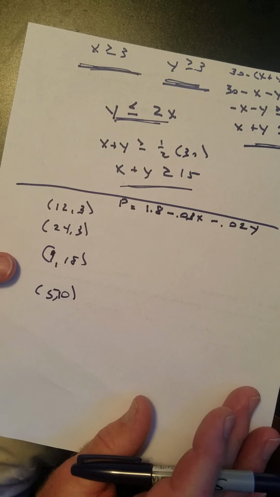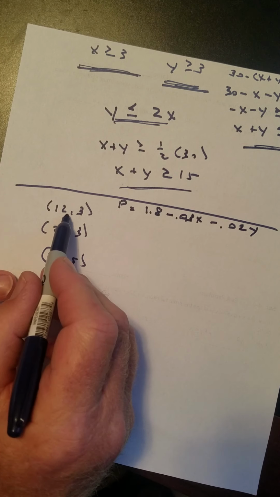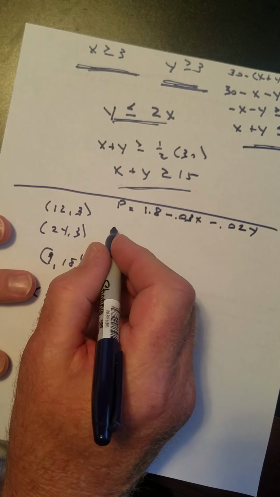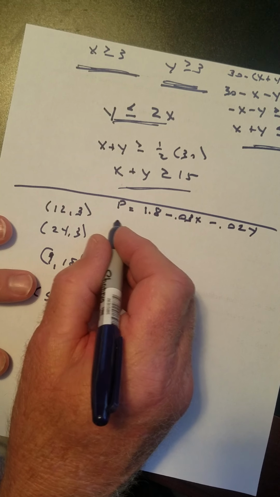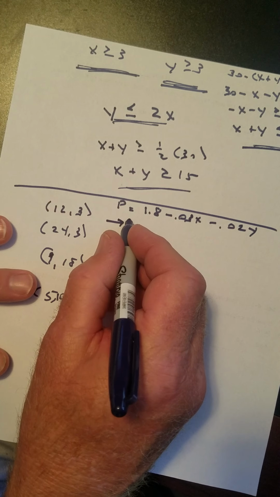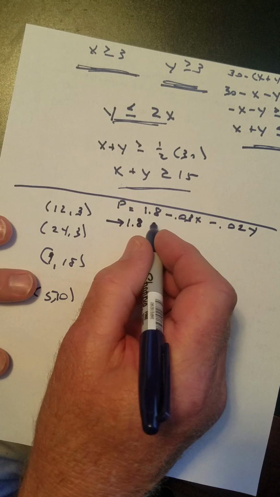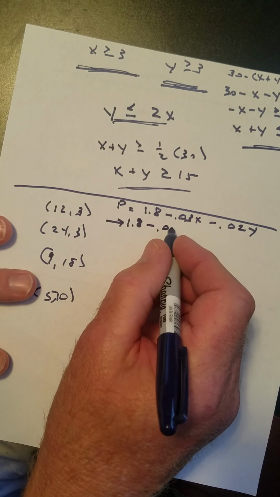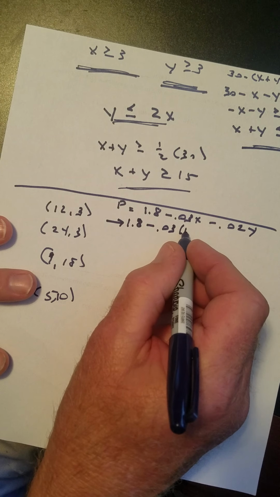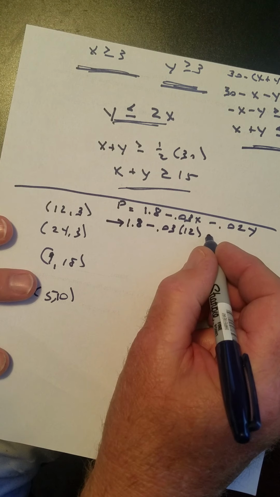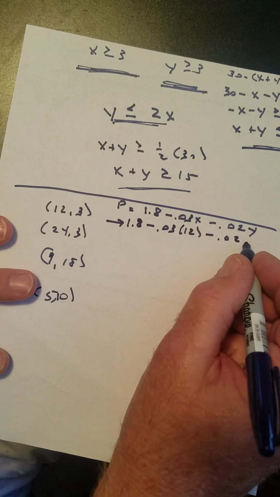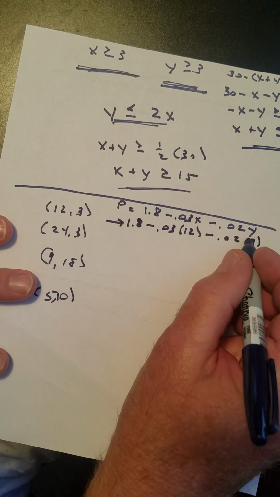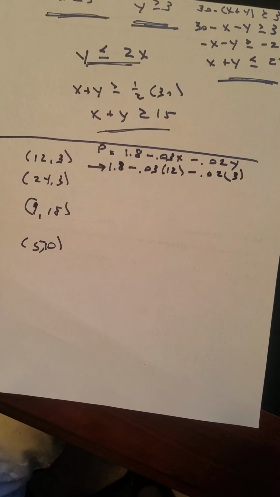Okay, so just like in 3-3, what we need to do is plug in each of these numbers. So my profit here is going to be 1.8 minus 0.03 times 12 minus 0.02 times 3. And I'm going to get my calculator and kind of cheat a little bit.